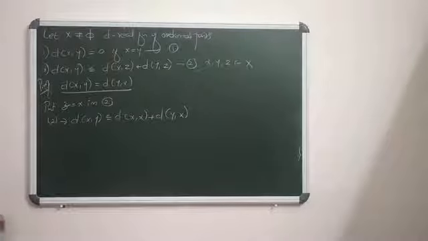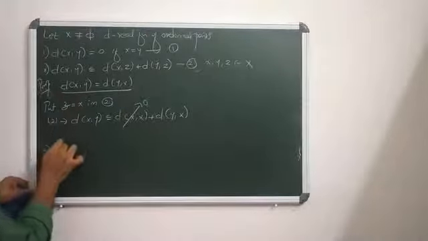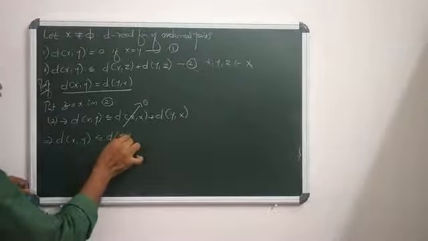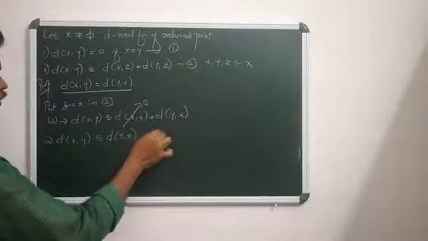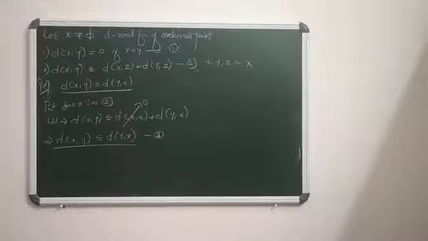What is dxx? Dxx is 0. So that means dxy is less than or equal to dyx. Mark it as equation 3. But our aim is dxy equals dyx. How?